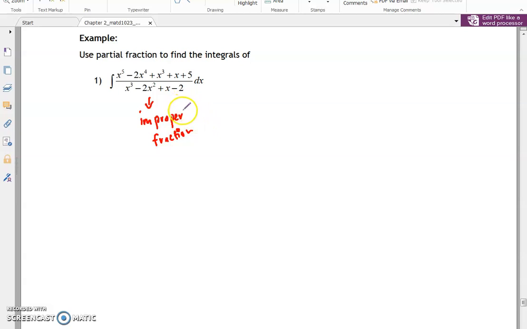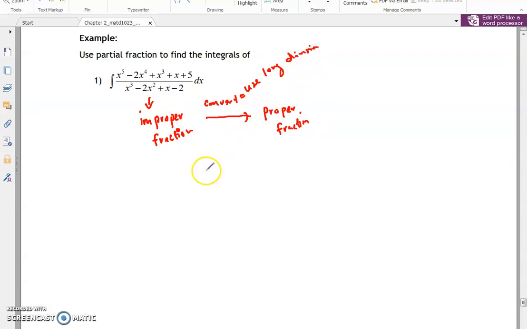In order to start our calculation, we need to convert it into a proper fraction. What is the method that we need to use? In order for us to convert it, we are going to use long division.